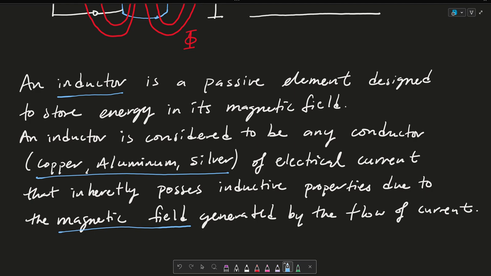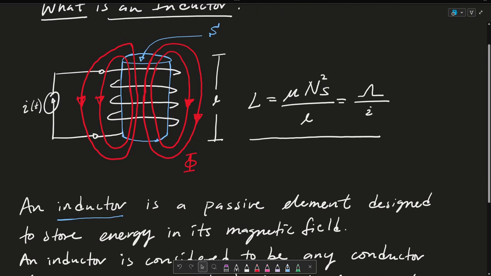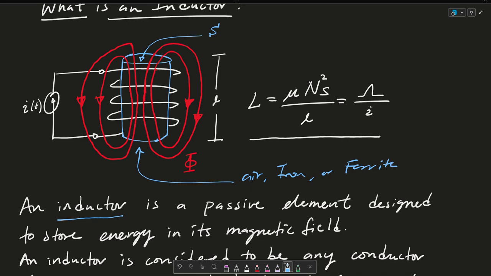To enhance this magnetic effect, in practice, we rotate a coil of wire, as shown in white here, over a cylindrical core, or simply just a core. And this core can be either air, iron, or ferrite, which is a certain type of ceramic material.